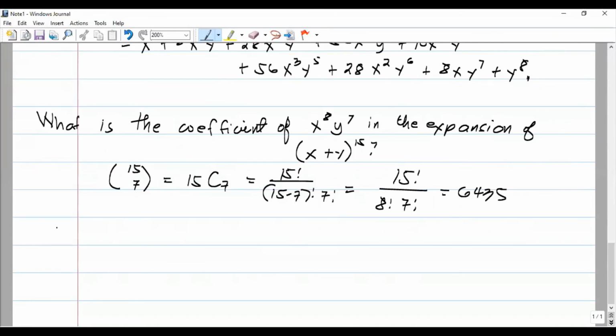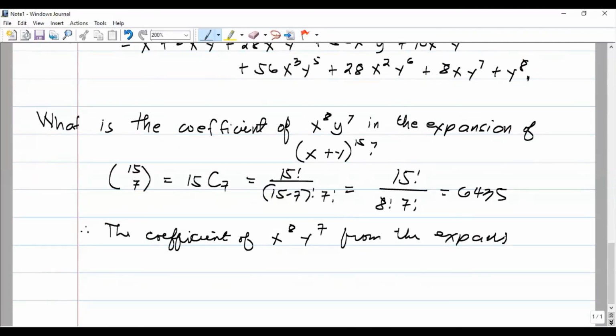Okay, and the other one is, so we have here the coefficient of x raised to 8, y raised to 7 from the expansion of x plus y raised to 15 is 6,435.